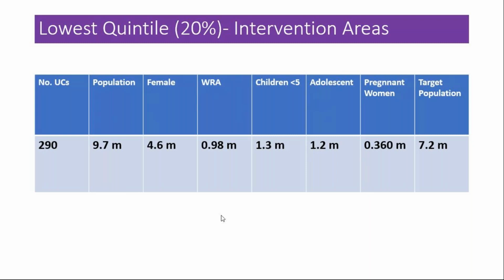Here I have given you a glimpse of the target population. The population that we'll be addressing through this program is 9.7 million, or around 20% of the entire population of the province, and the people living in these areas have no access to services, and community workers are not available in these areas.